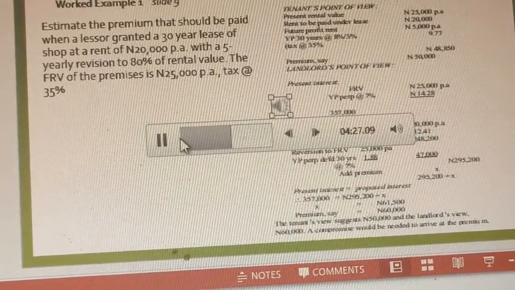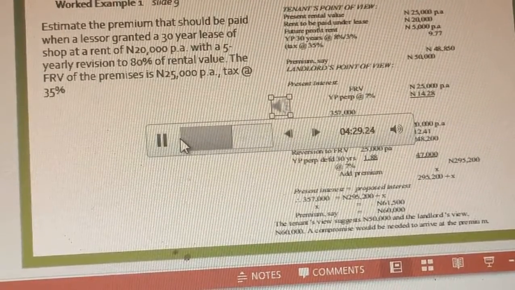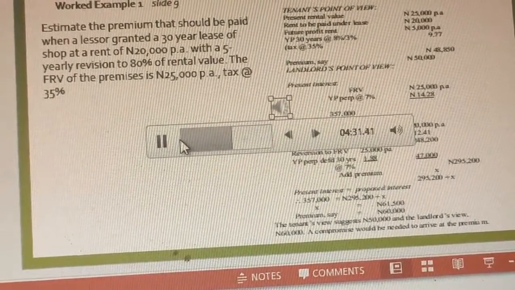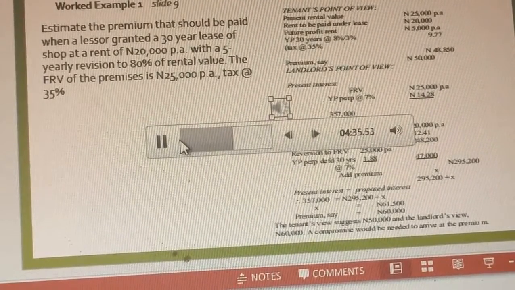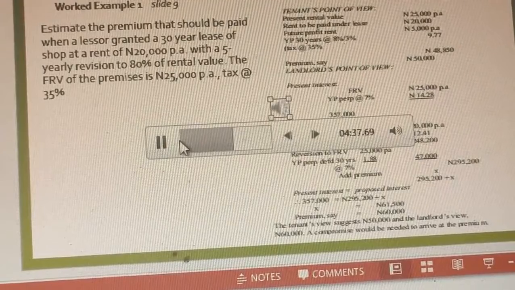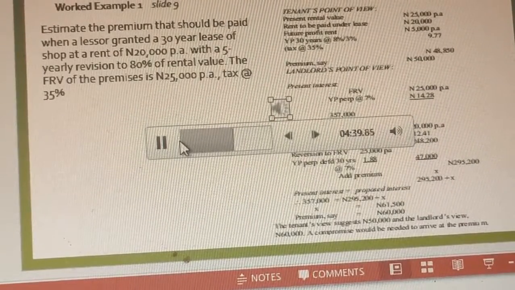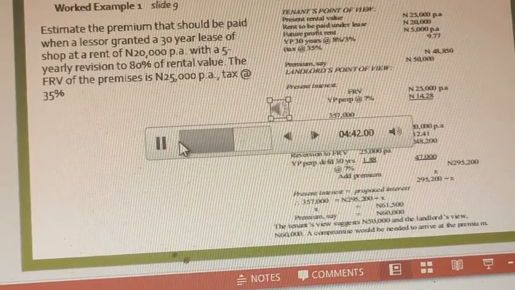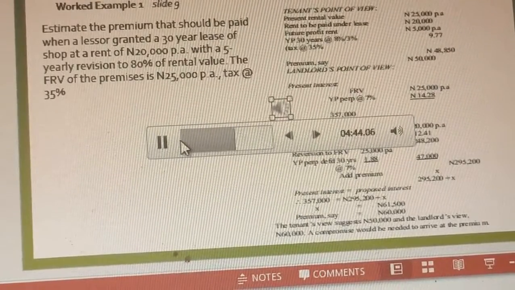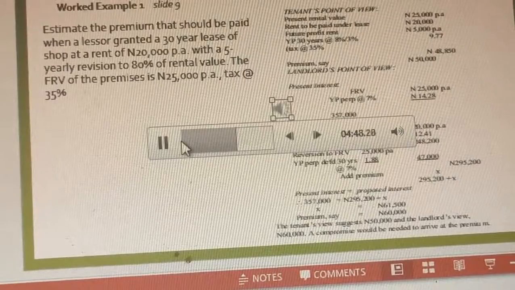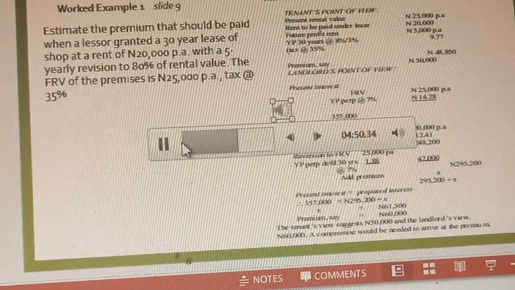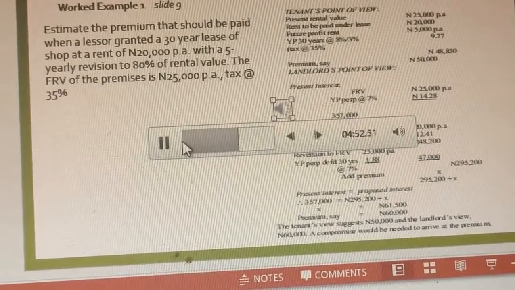His proposed interest rent for the term is now restricted to 20,000 per annum, because that's the reduced rent he will receive having taken a lump sum. Then YP 30 years, he has taken a lump sum, so the YP will be for 30 years at say 7%. That gives you that.